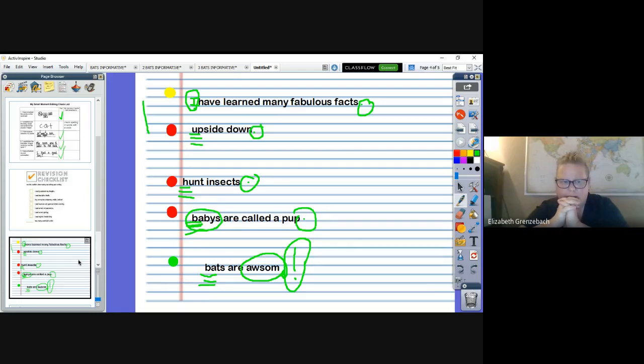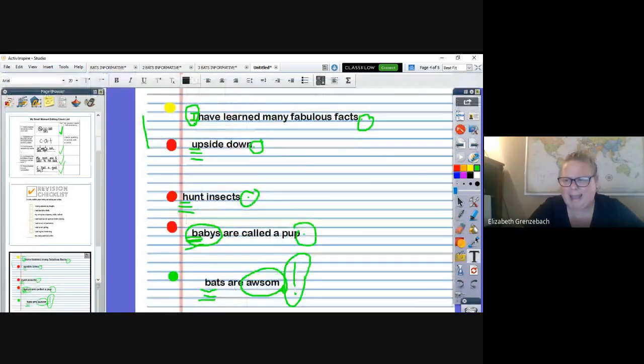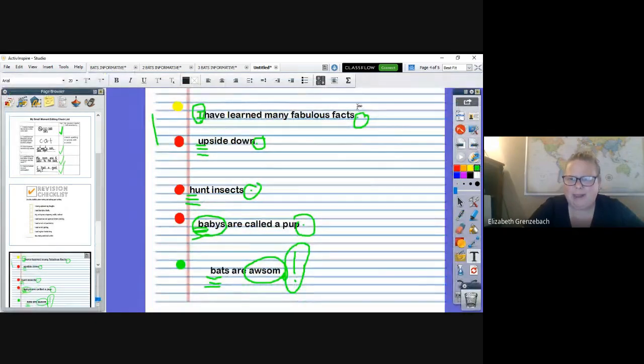That's a lot of complications because it doesn't all make sense to me. Like the first sentence, for instance, I have learned many fabulous facts, like about math or social studies or facts about your mom. No, facts about bats. We need to add that in there.